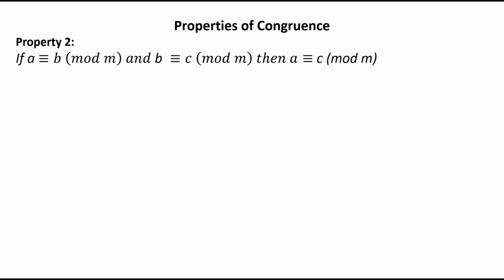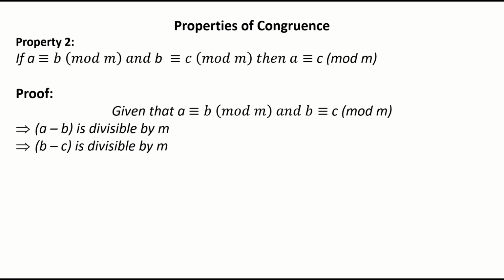Property 2. If a is congruent to b modulo m and b is congruent to c modulo m, then a is congruent to c modulo m. Okay, let's see the proof. It is given that a is congruent to b and b is congruent to c, both modulo m, which means a minus b is divisible by m, and b minus c is divisible by m.